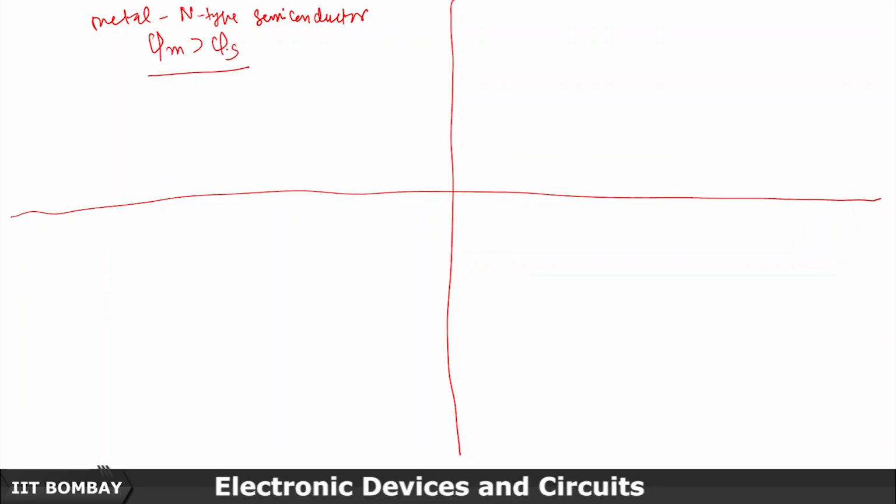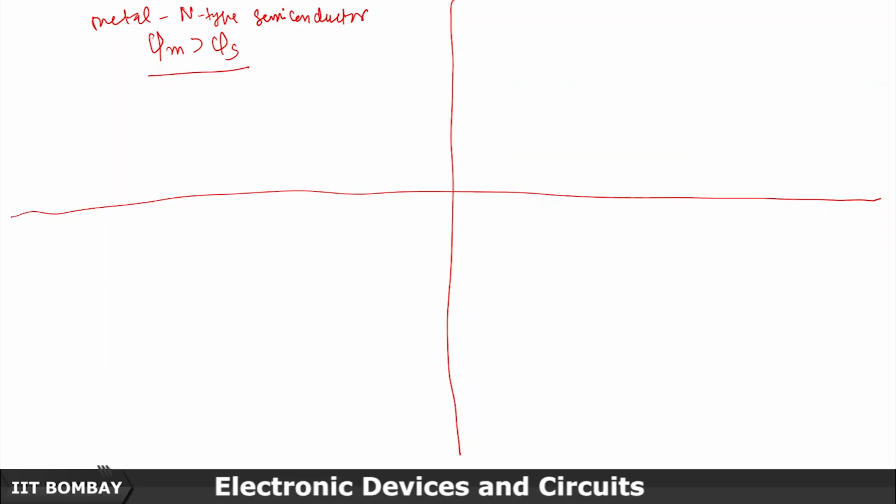In the previous lecture we talked about phi m, the work function potential of the metal. If we multiply it by charge, we get the amount of energy required to move an electron out of the metal to the vacuum level. Similarly phi s for the semiconductor, and in this case we have assumed phi m is greater than phi s.